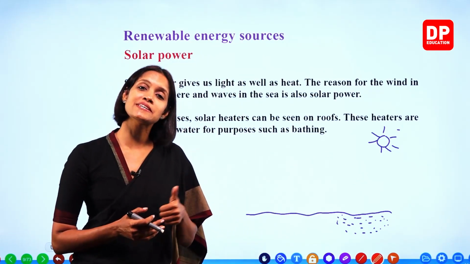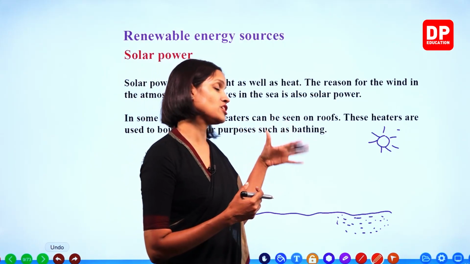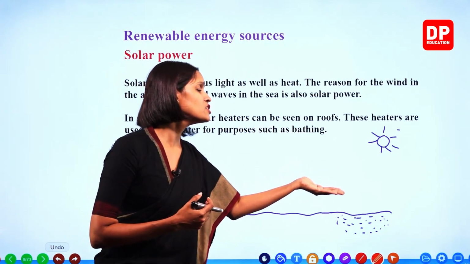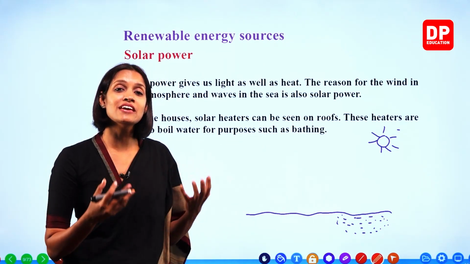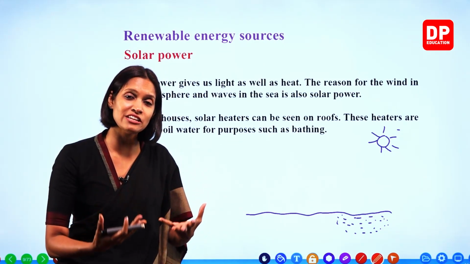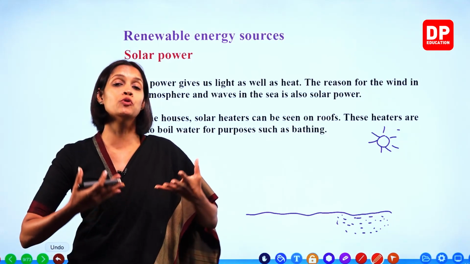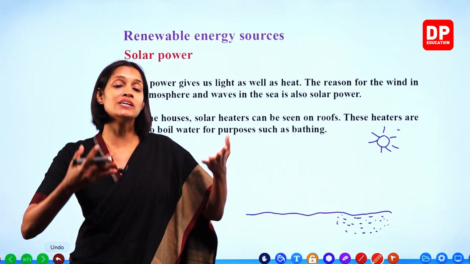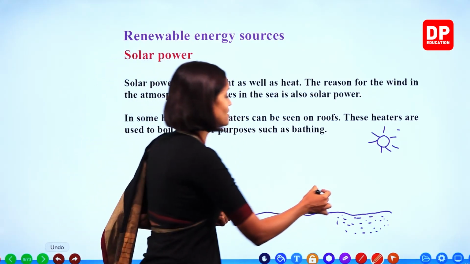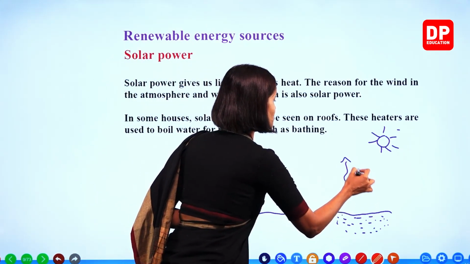Now in the temperature lesson, we learned about the formation of convectional currents, right? What happens to the heated air particles, children? They become lighter, their density reduces, and this heated air or hot air becomes lighter. Where does light air go? Light air goes up, right? Now this light air goes up.